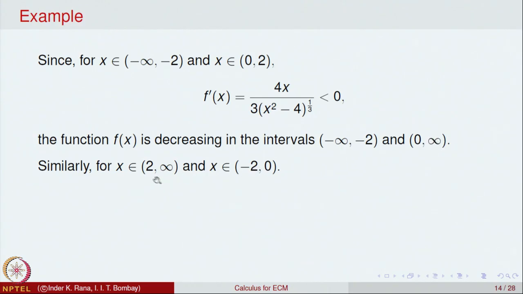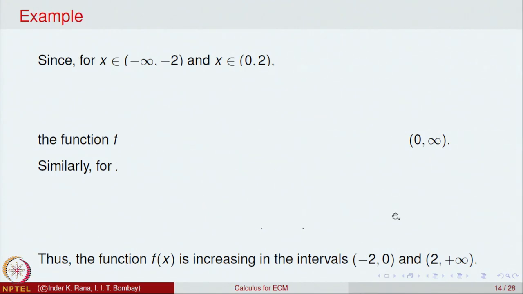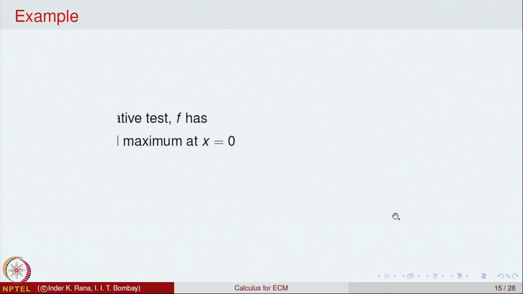And if we look at the interval 2 to infinity and minus 2 to 0, then the sign of the derivative is positive. So, as a result of this, we get that the function must be increasing in this portion as well as in this portion. So, the only portion we have not looked at is minus 2 to 2. So, let us look at that portion also.